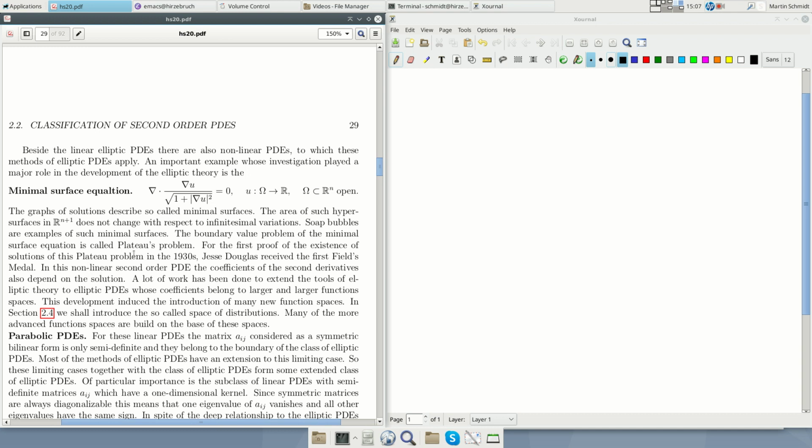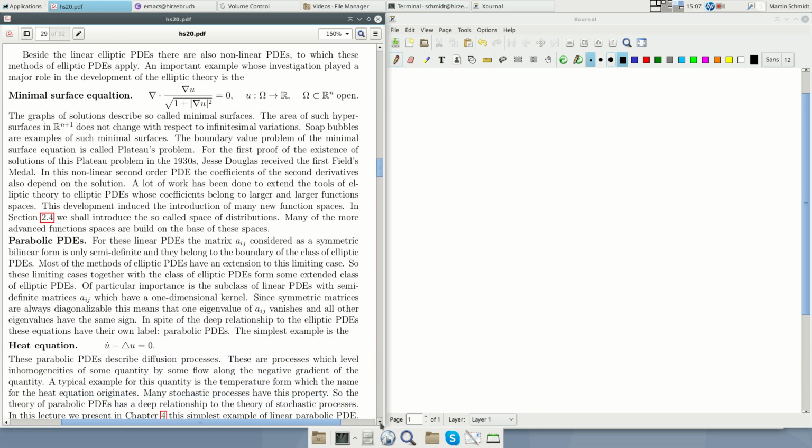So this is really a prominent problem, and was important for the development of the theory of elliptic PDEs, or more in general for PDEs. Now, this is what I want to say for the elliptic class.